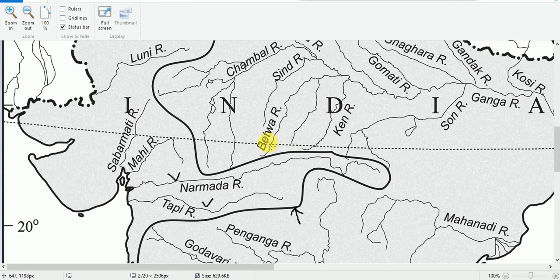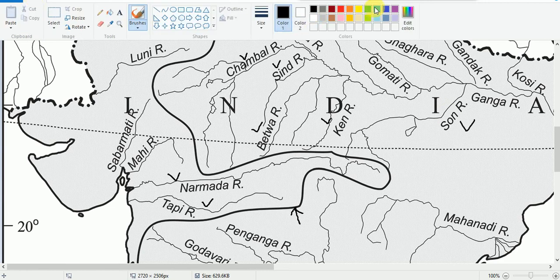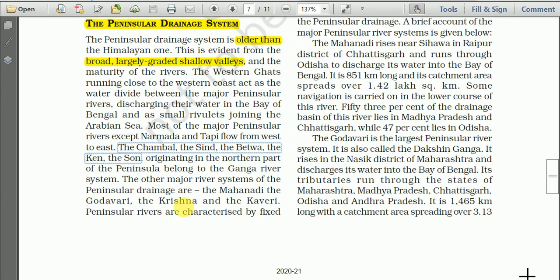Some rivers originating from the Peninsular Plateau, like the Chambal, Sind, Betwa, Ken, and Son, form part of the Ganga River system, as mentioned here: originating in the northern part of the peninsula, they belong to the Ganga River system.